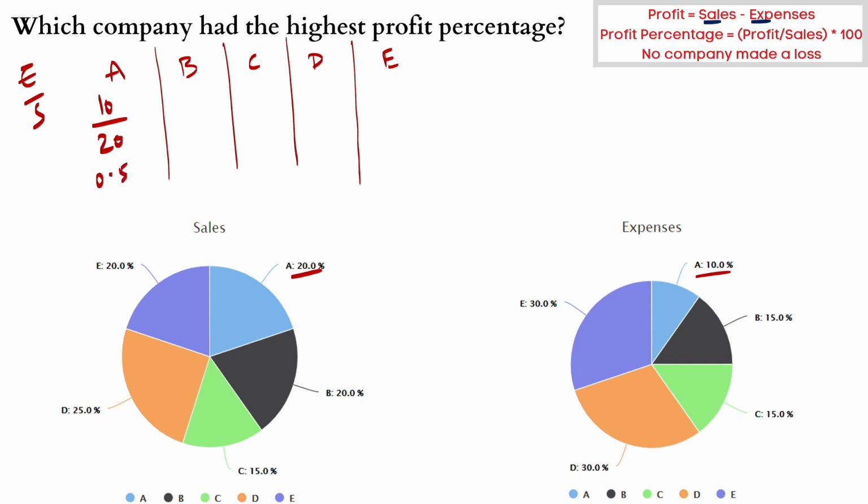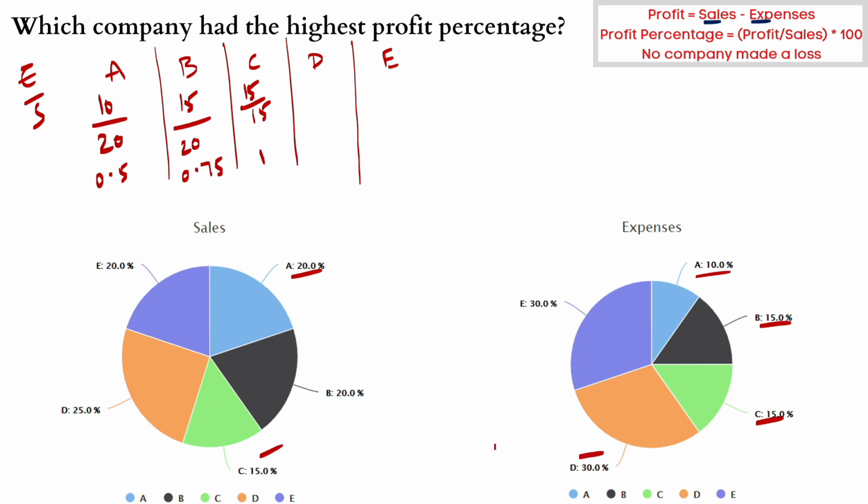Okay, let's move on to B. What is the expense of B? Expense percentage, it's 15. So 15 by, what is the sales percentage? It's 20. So 15 by 20 is equal to 0.75. And what is the expense of C? 15, and sales of C is 15. So 15 by 15, this is equal to 1.